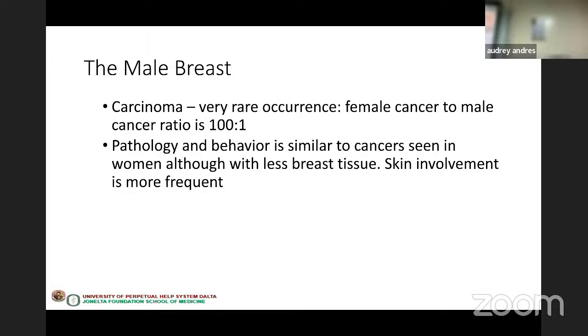Your hydatidiform mole is a trophoblastic proliferation and villi with stromal edema. So it's edematous and it's proliferated, meaning it's larger than what it's supposed to be.